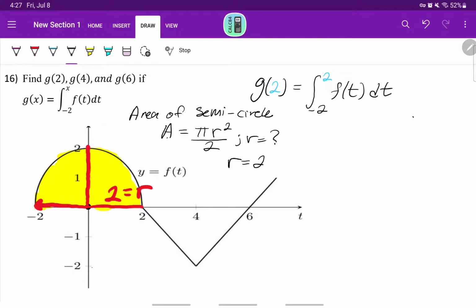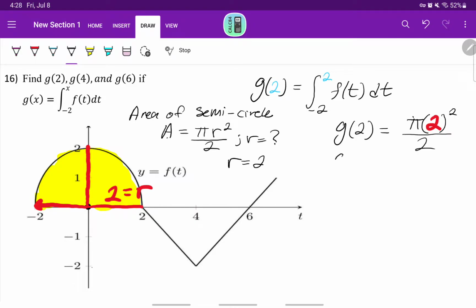So that means the area for the highlighted part between -2 and +2, I can say g of 2 is going to equal pi times my radius 2 squared, divided by 2.